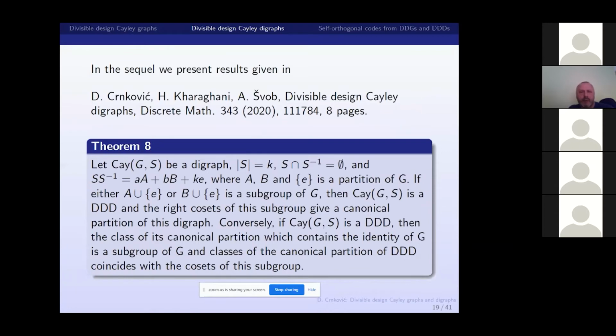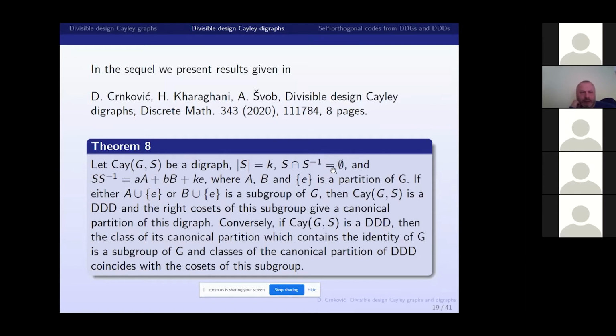So in the sequel, I will present results that are given in this paper with Hadi and Andrea. So here we have this theorem, which is very similar to the theorem given by Kabanov and Shalaginov that I mentioned at the beginning of this talk.